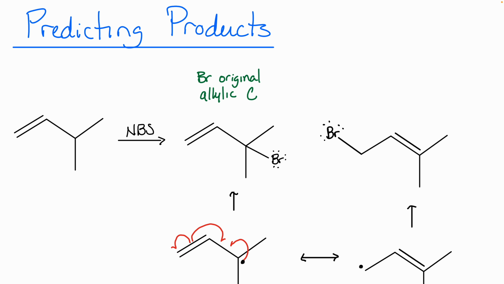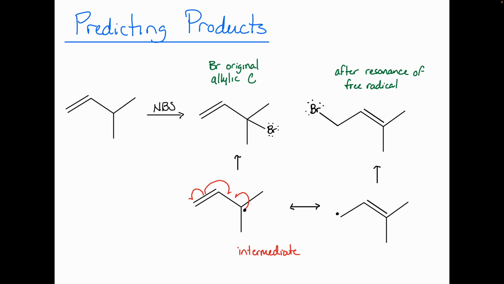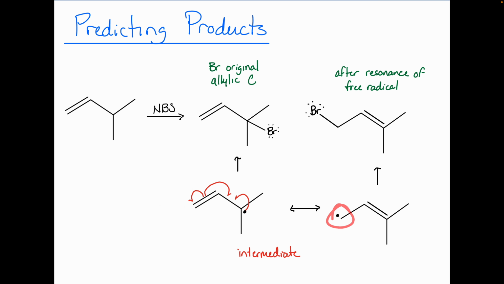And our second structure is what we get after that resonance of our free radical. So in this case, these are two distinct molecules, right? After that resonance jump occurs, I get a radical in a completely different position, leading to a second product here.